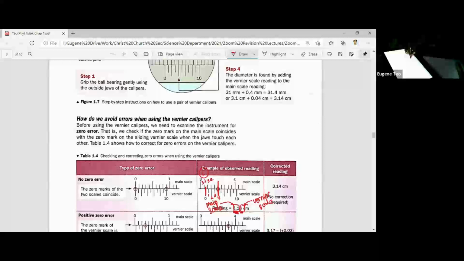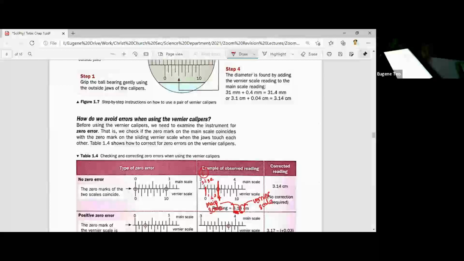So look for the line that aligns the vernier and the main scale. This whole part here is aligned, so we know that the vernier scale reading is a 4. So what we're going to get is 3.1 from the main scale, 4 from the vernier scale. This is how they get the 3.14.